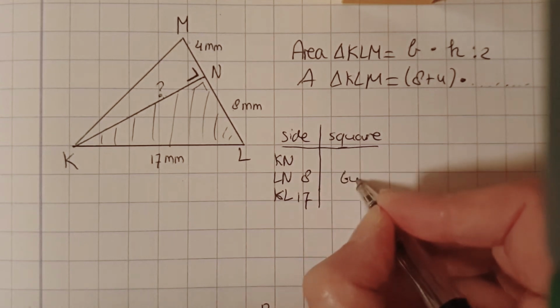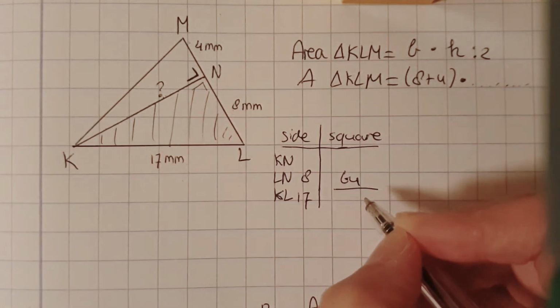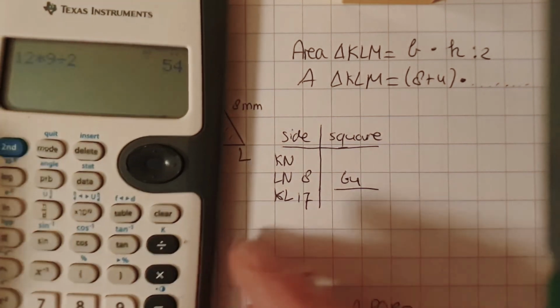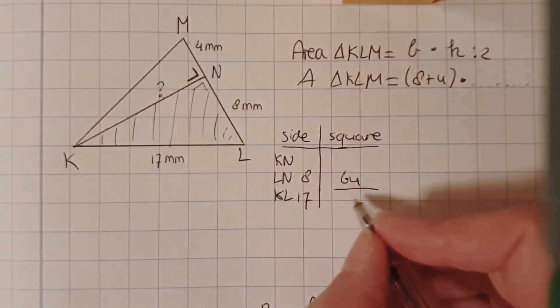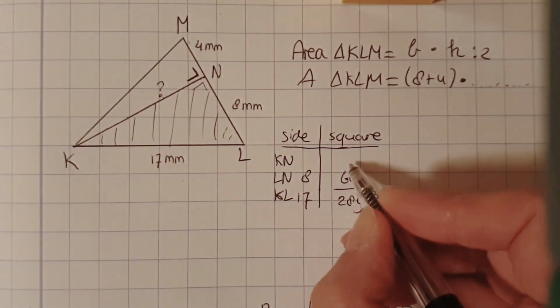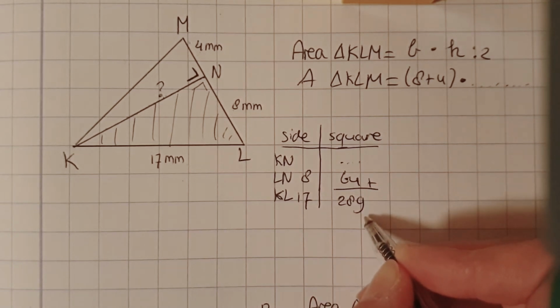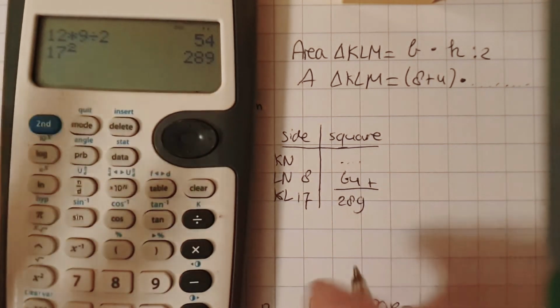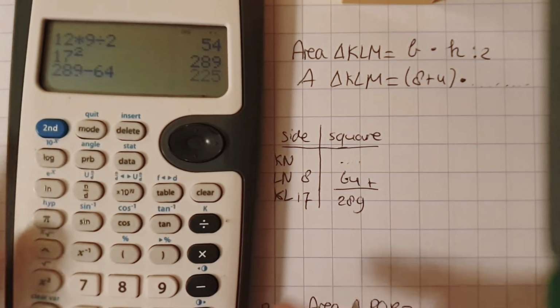8 squared is 64. 17 squared is, check it out, 17 squared is 289. Plus 64 has to be 289. So 289 minus 64.